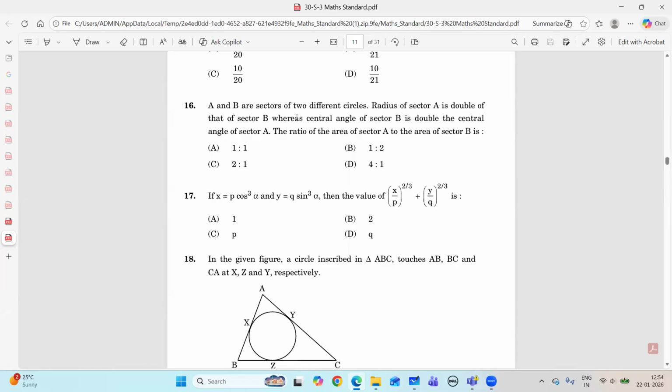So we have two different circles. Out of them, a sector is taken: from one circle, sector A is taken, and from another circle, sector B is taken.